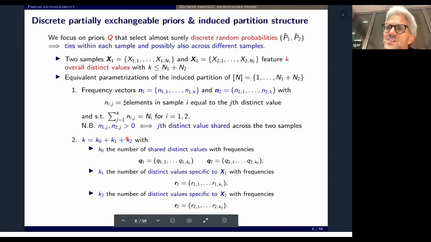The shared distinct values will have the corresponding vector of frequencies for the first sample and the corresponding vector of frequencies for the second sample. Then you have the k1 distinct values specific to the first sample with frequency r. Obviously the corresponding frequencies in terms of the first parameterization would be 0 for the other sample. So that's the second parameterization.